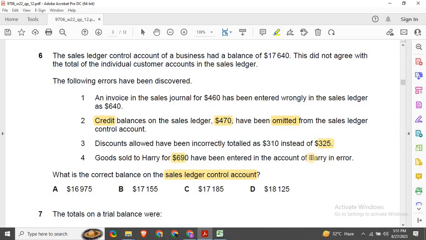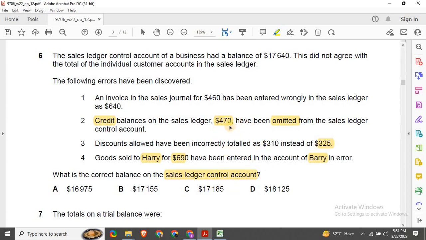Now the next one is goods sold to Harry for 690 had been entered in the account of Barry. It's supposed to be recorded in Harry's account, but we recorded it in Barry's account. If you correct this error, we'll take it out from Barry's account and put it in Harry's account. Both of them will appear on the debit side. Barry's account will be reduced by 690 and Harry's account will increase by 690. So it will not affect my overall total. These two things will affect my overall total.